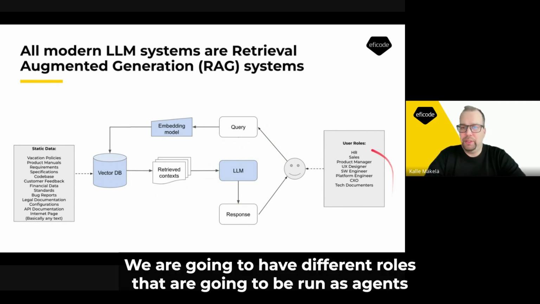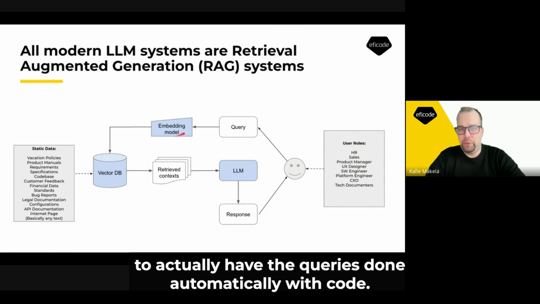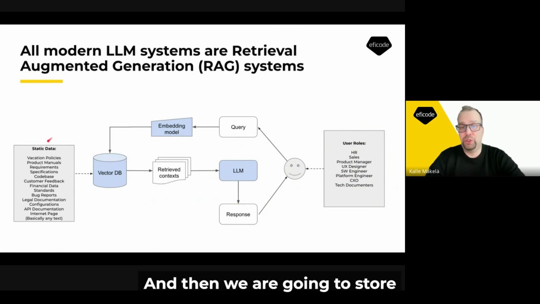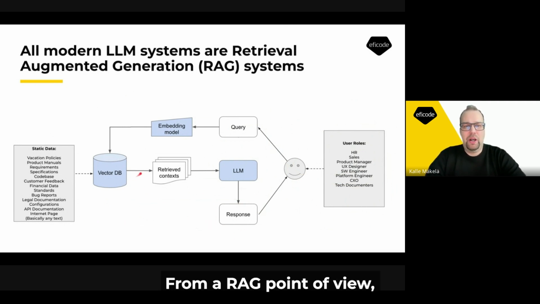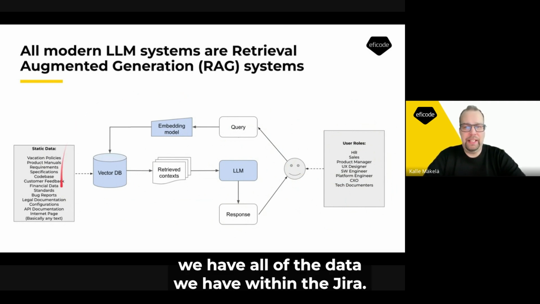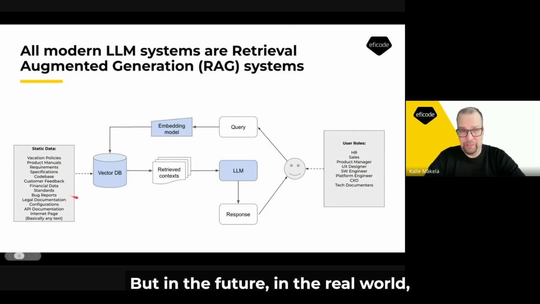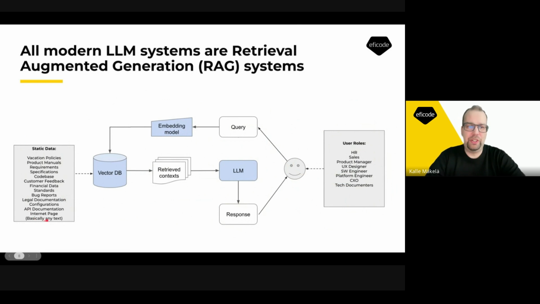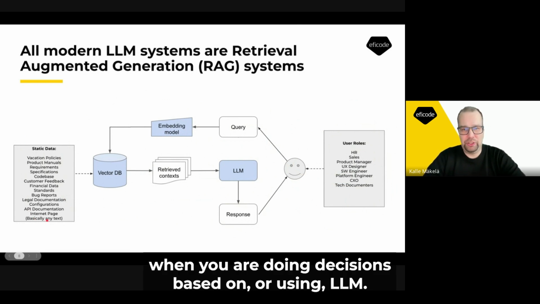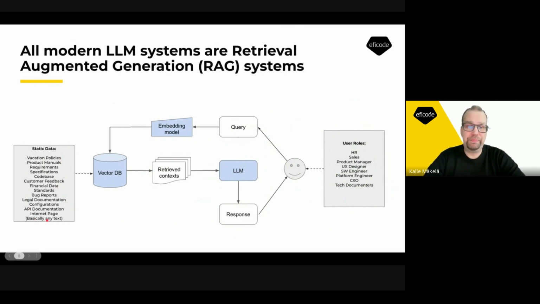We have different roles that run as agents to make the queries automatically with code, and then we store the information and the response in the end in Jira. From a RAG point of view, we have all of the data within Jira, but in the real world you have an infinite amount of data that you need to include when making decisions using an LLM.